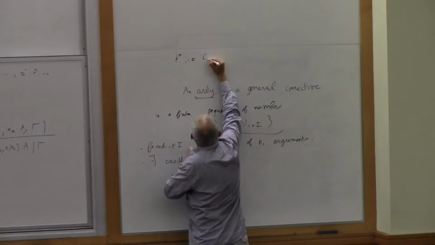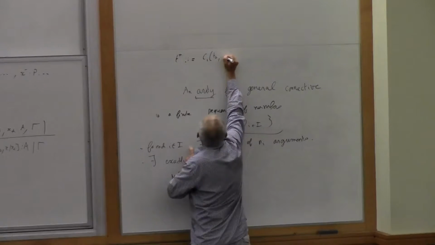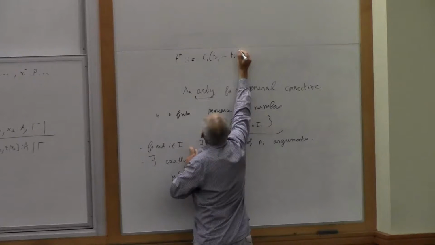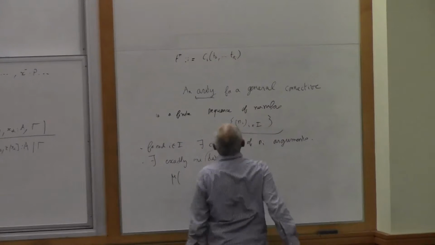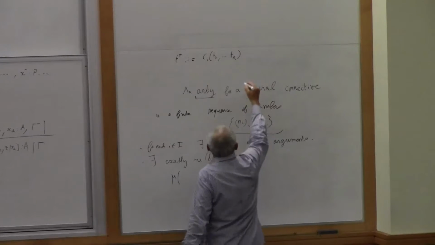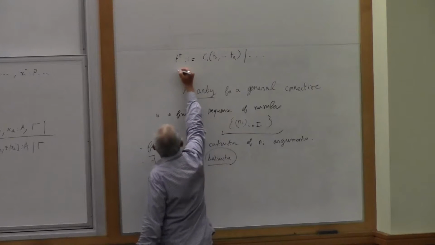So you have a constructor Ci that takes a T1 and then Tni, and that's one of the additional cases that you have in T plus.